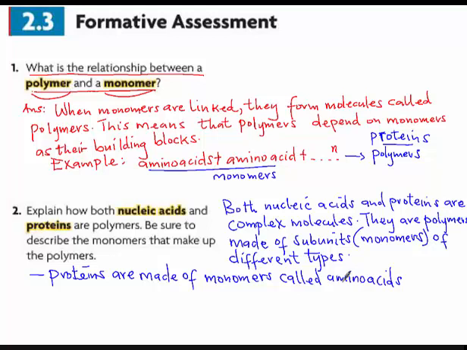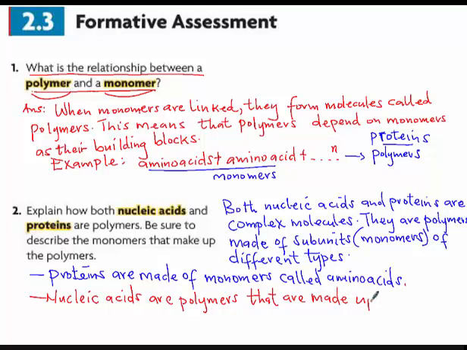On the other hand, nucleic acids are also polymers that are made up of monomers called nucleotides.